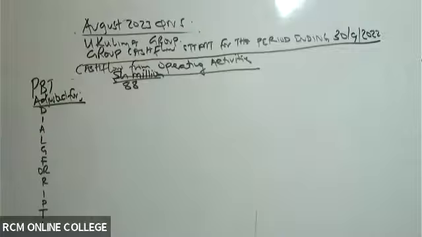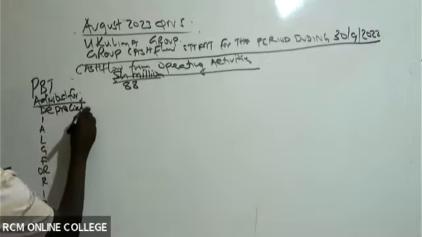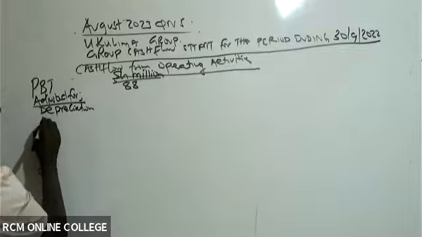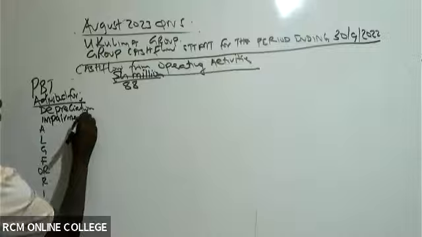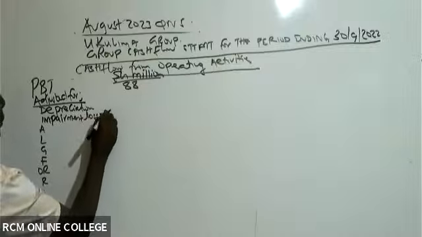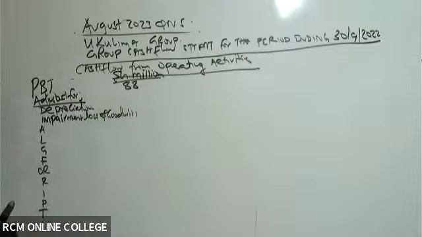Whenever you're looking at the indirect method, you remember this. In the direct method, you can't use this acronym. Right. So the first D stands for what here? Depreciation. Here we have impairment loss of goodwill.